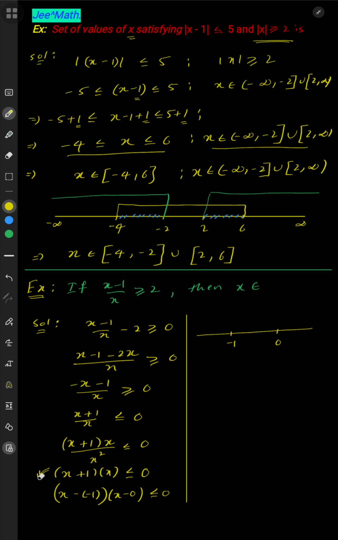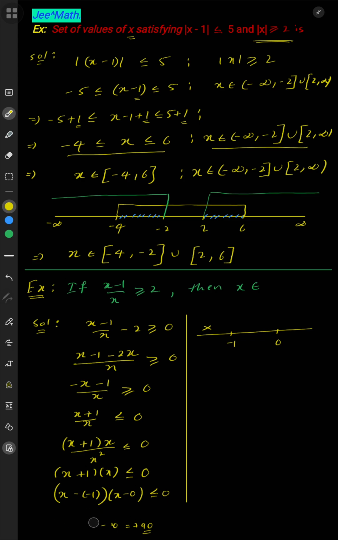You can apply it in this one or in this, no problem. So minus 10 plus 1, we get minus 9 into minus 10. So it is going to be plus 90, correct or not? Plus 90 is not less than or equal to 0, correct or not? So any value before minus 1 can't be taken.